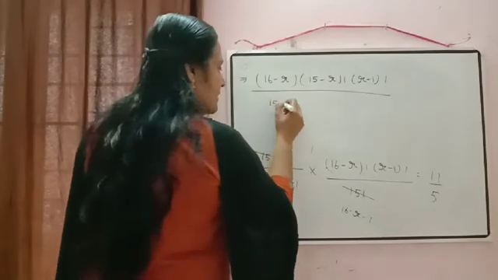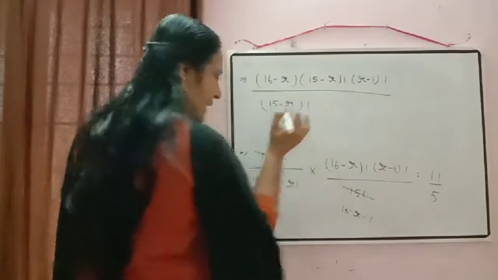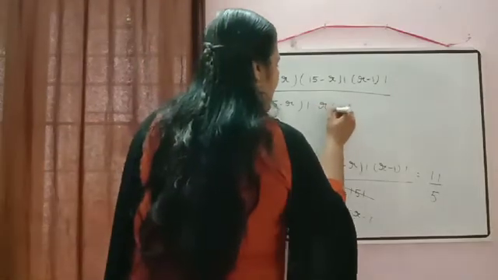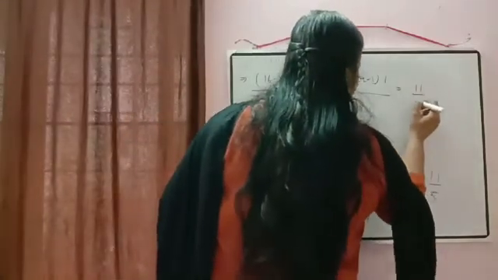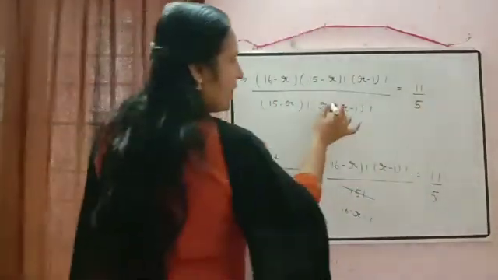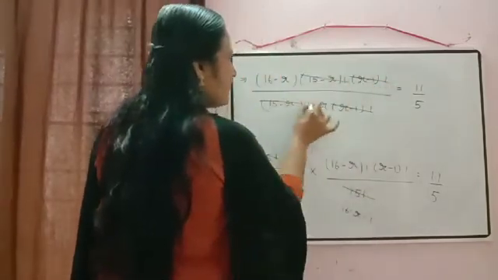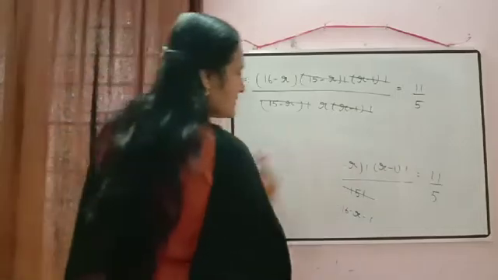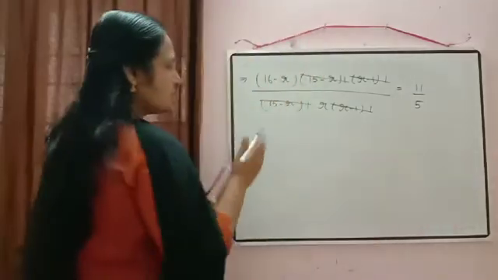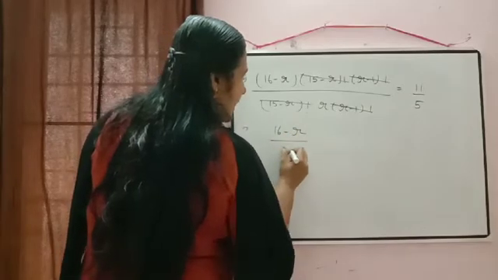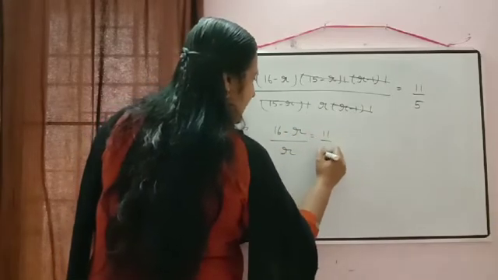Here (15 minus R) factorial we will write as it is. This R factorial can be written as R into (R minus 1) factorial is equal to 11 by 5. Now just to check, (R minus 1) factorial will get cancelled, (15 minus R) factorial also got cancelled. Now the remaining expression is (16 minus R) by R is equal to 11 by 5.